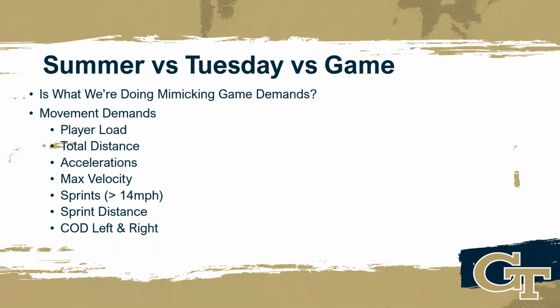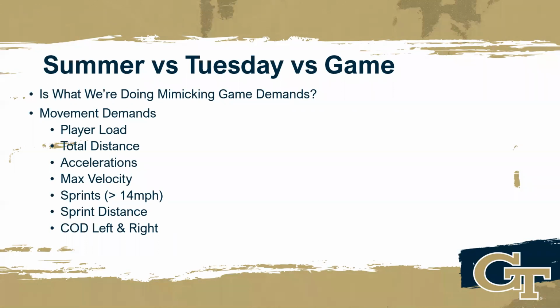So now, with all that being said and all that out of the way, what I want to show you and share with you is some of our numbers and some of our data as we did a study and looked at a summer conditioning session, a summer run, versus a Tuesday practice versus a game. What I wanted to dive into is whether what we're doing mimics game demands.